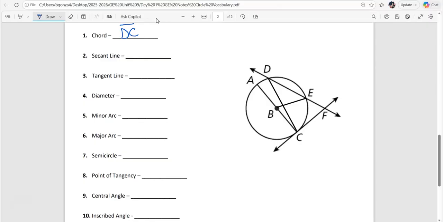Yes, like week 1, beginning of the school year, we did basic notation. Now we're talking about it in circles. Now a secant line is kind of like a chord. It hits the circle twice, but it doesn't stop. It keeps going with arrowheads. It's a line. So do you see a line that hits the circle twice? D, E. Do y'all see how this line cuts through D and E and doesn't stop?